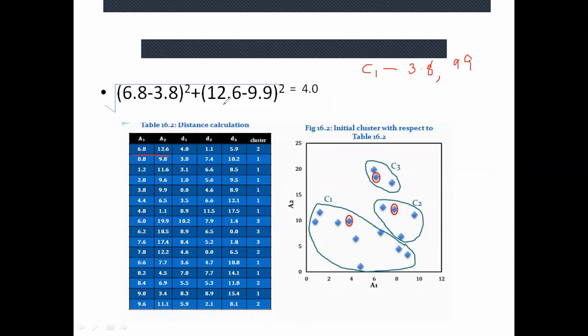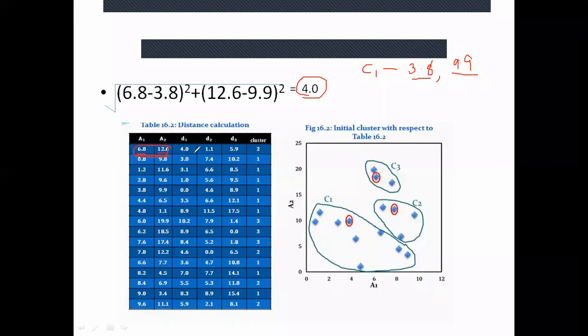If you want to find the Euclidean distance of this data point from this cluster, you will use this formula. What is the value? 6.8 minus 3.8 whole square plus 12.6 minus 9.9 whole square. When you find the value of this, it would be 4.0.